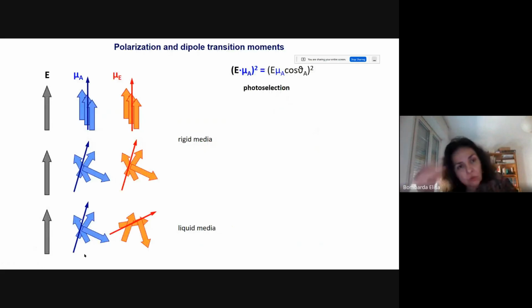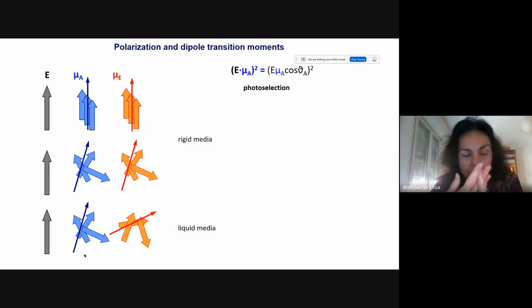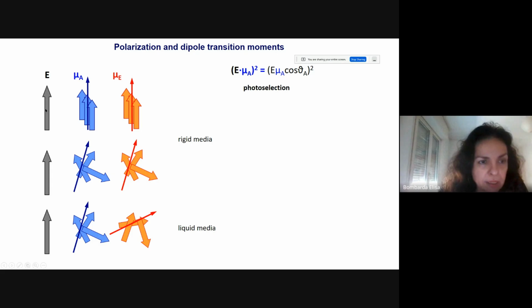Okay, so let's see what happens when light interacts with the material. What I represented here in gray is, let's say, we assume to have a polarized light. That is the direction of the polarization of our light.